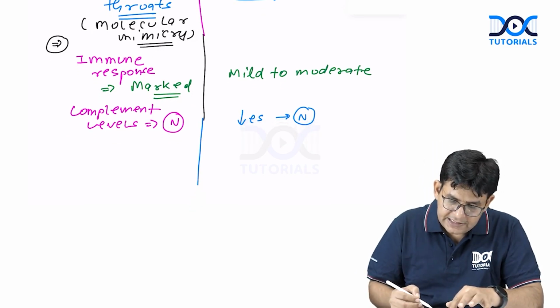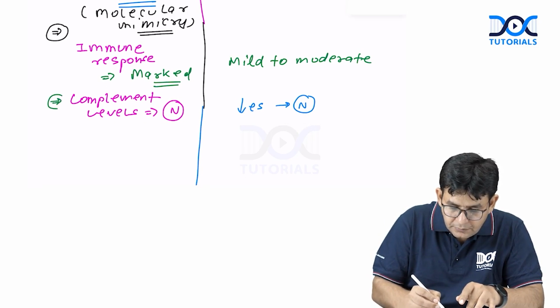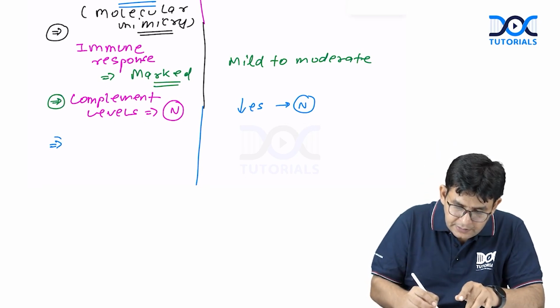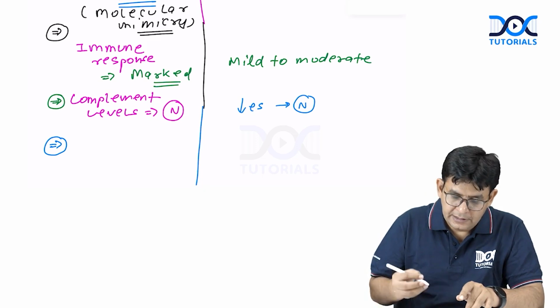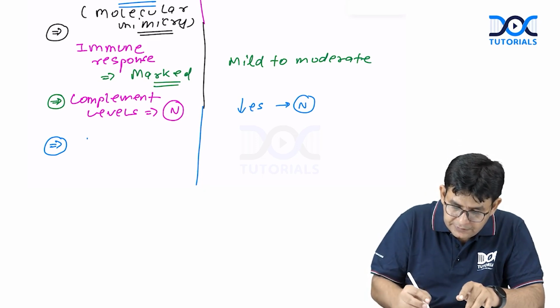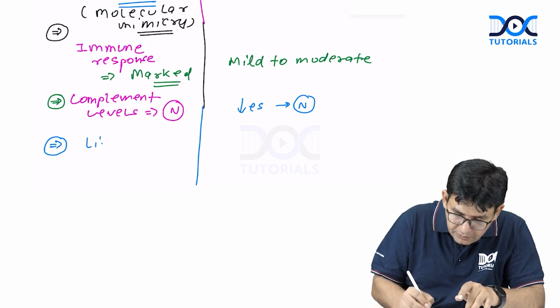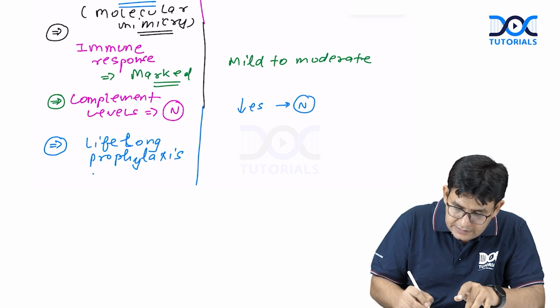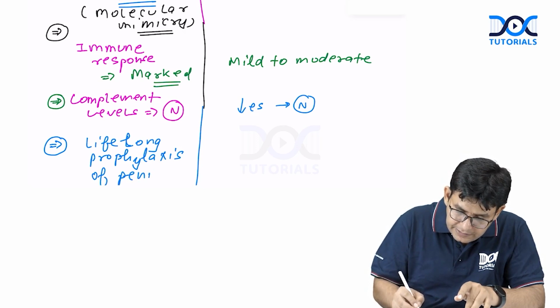Now, besides that, what else do you need to know here? The other important thing is in which there is lifelong prophylaxis needed. Lifelong prophylaxis of penicillin is indicated in the case of ARF.